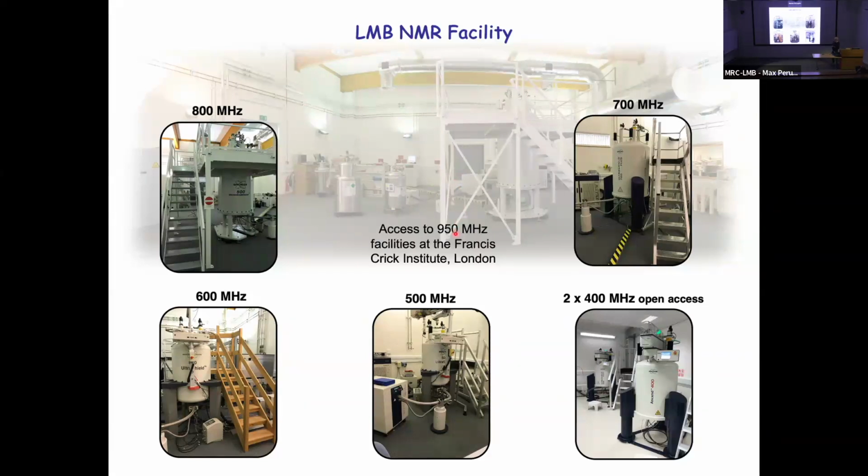So all of these machines are optimally configured for looking at proteins and nucleic acids that are labeled with NMR sensitive isotopes of carbon and N15. So you have access to all of this equipment.